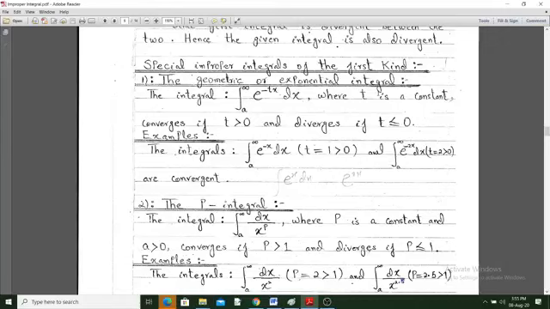In this part we do not calculate the integral, but by using some theorems, actually three theorems, we can discuss the convergence or divergence of the integral.